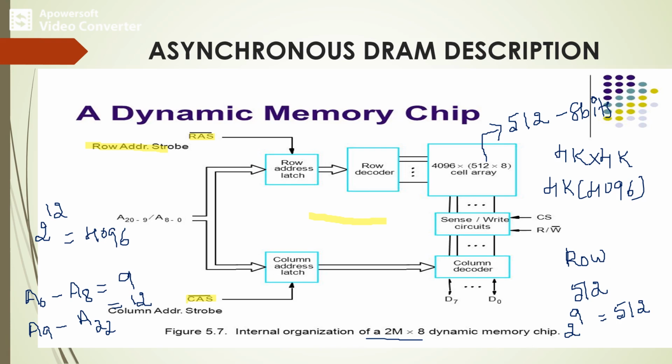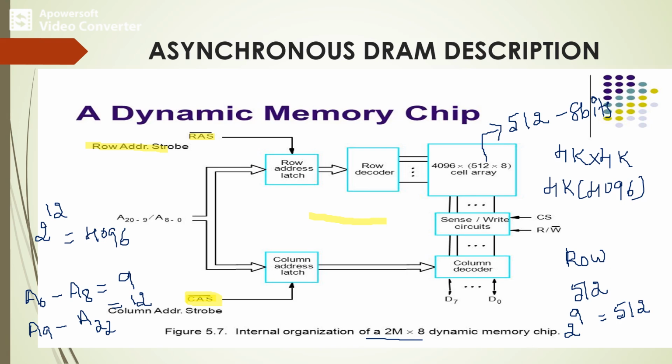Now the column address is applied to the address pins using the CAS signal. So the information in this latch is decoded and the appropriate group of 8 sense and write circuits are selected.